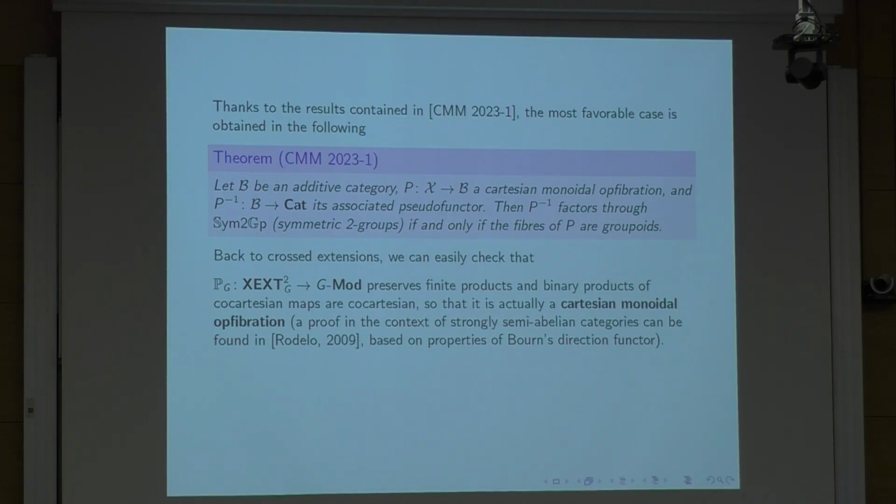But in the case of groups, it's just a question of looking at the properties, and we can check it very easily. So, thanks to this result, we can say that for each G-module, the fiber over this G-module of the opfibration PG can be endowed with the symmetric monoidal structure.